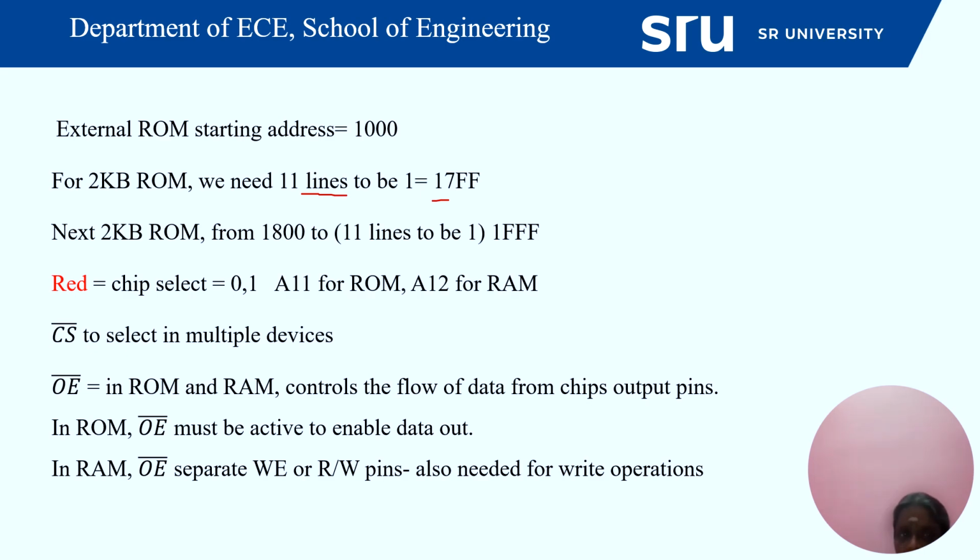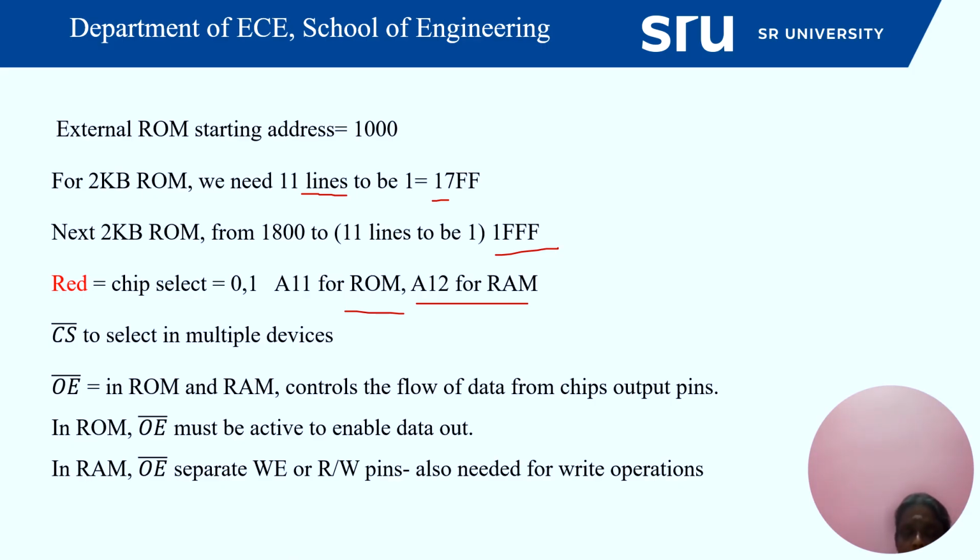So 1, 8 plus 7, F plus 0, F plus 0. That I have already explained. And red color is chip select 0, 1. For ROM, A11, the 11th address line, is used as chip select. And for RAM, A12, the 12th address line, is used as chip select.